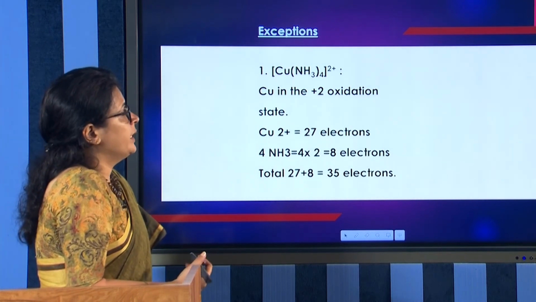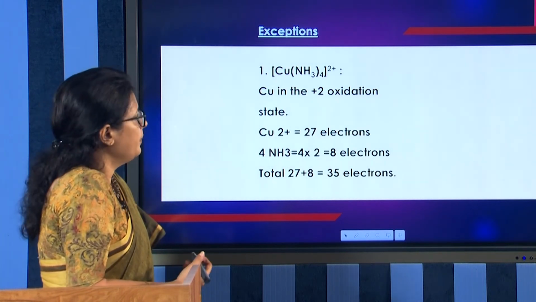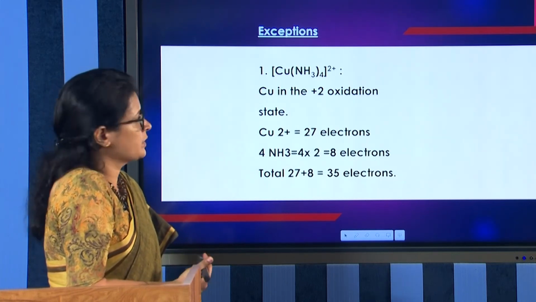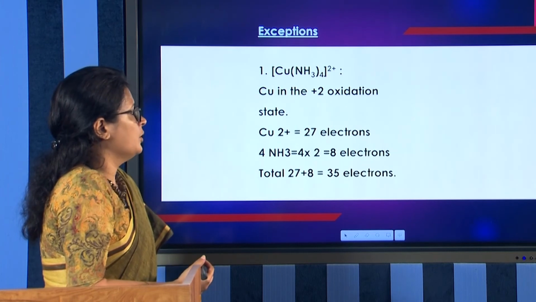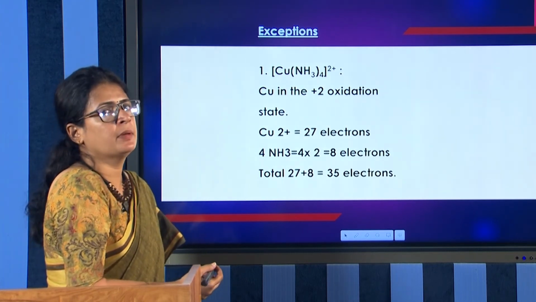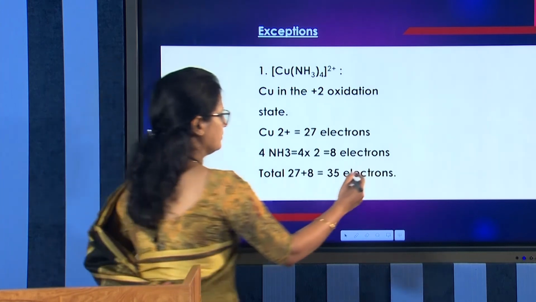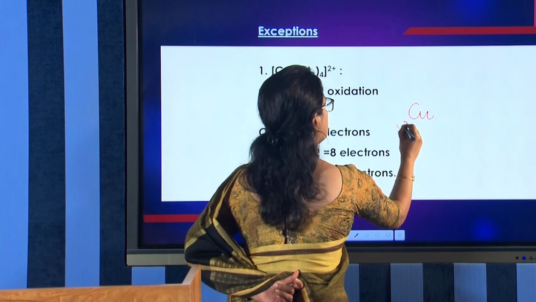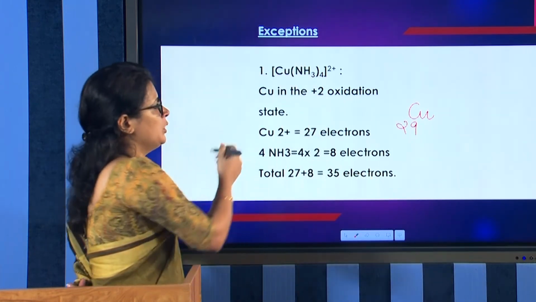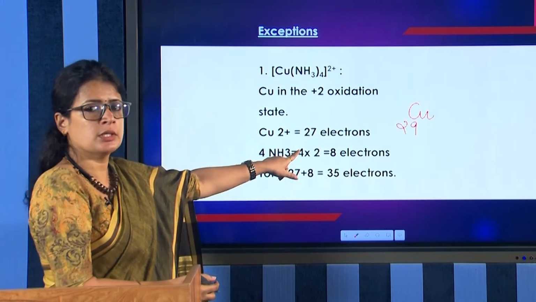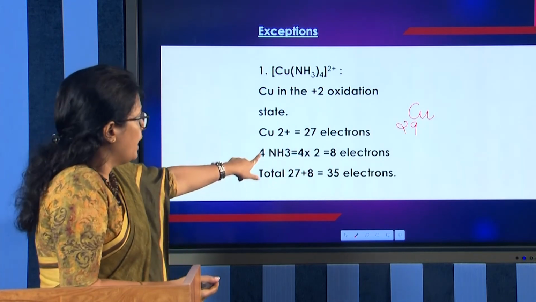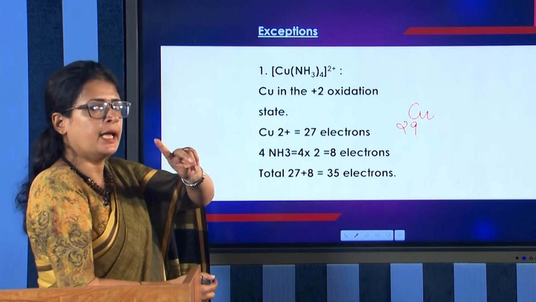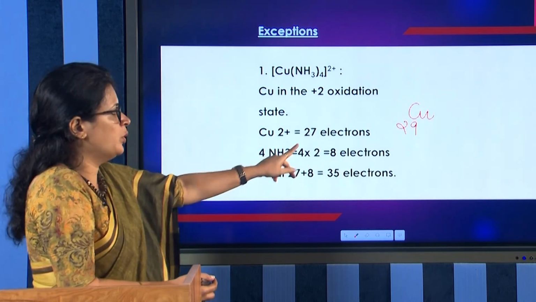See the complex Cu(NH3)4 2+. The central metal atom is copper, in the +2 oxidation state. Copper has atomic number 29, and for Cu2+, 2 electrons are gone, so 27 electrons. How many ligands are there? 4 ammonia, each ligand giving 2 electrons, so 4 into 2, 8 electrons.